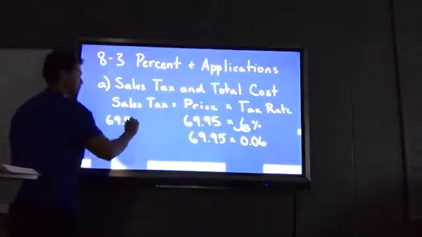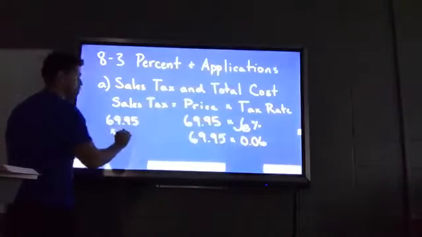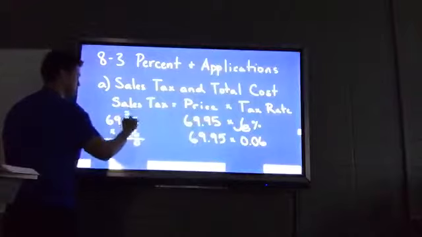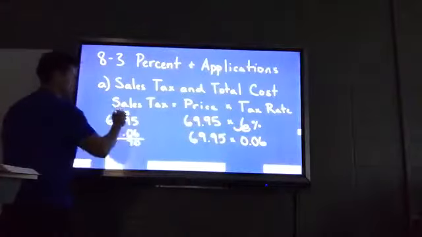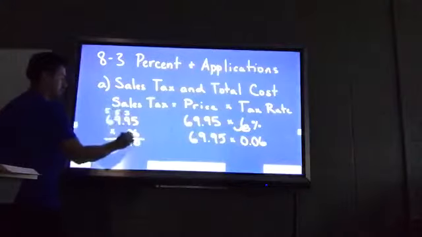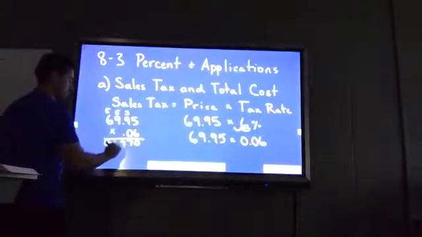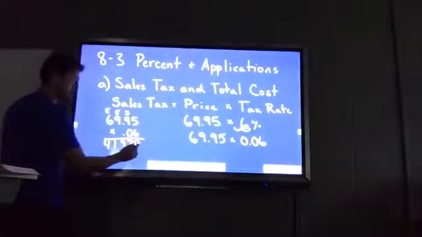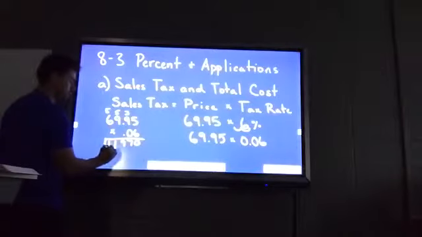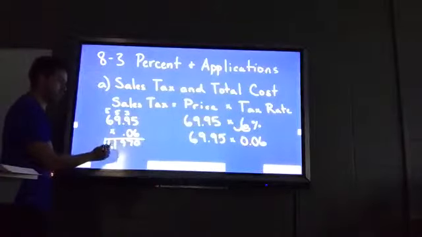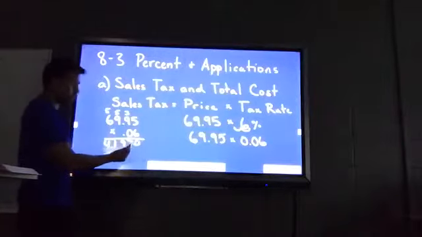So you got 69.95 times 0.06. And then I'll move my decimal place 4 places to the left. 1, 2, 3, 4. And we get a sales tax of $4 and something weird right here.